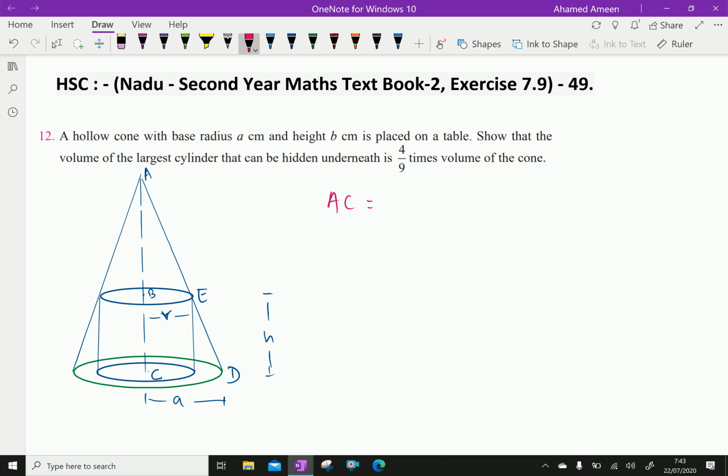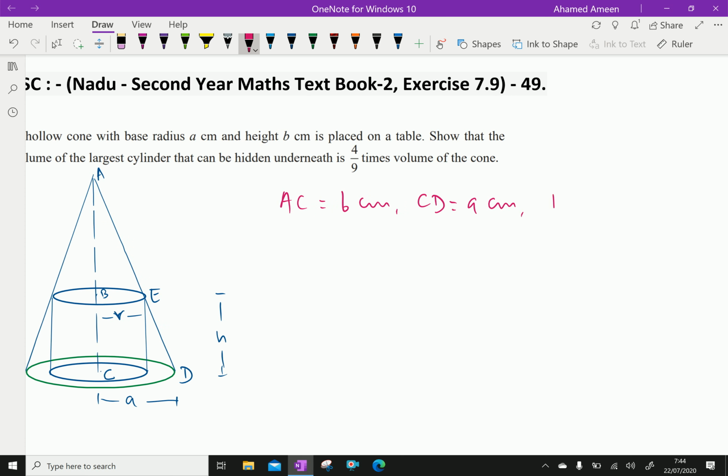AC is the height of the cone, B centimeter, and CD is the radius of the cone, A centimeter, and BC is the height of the cylinder, H centimeter.